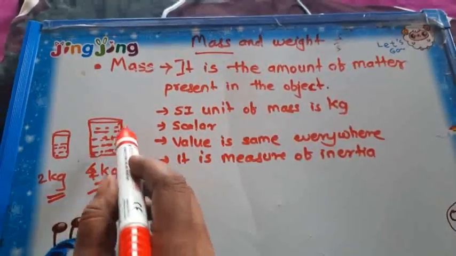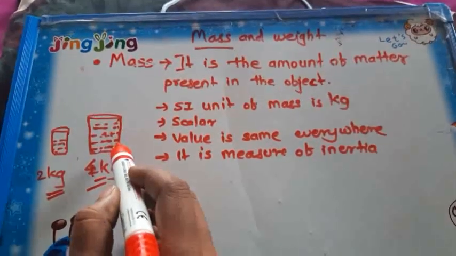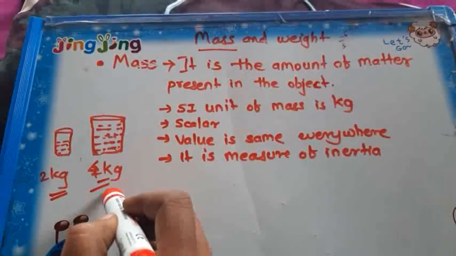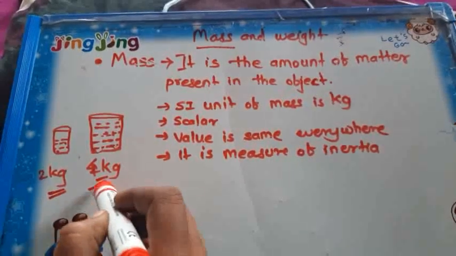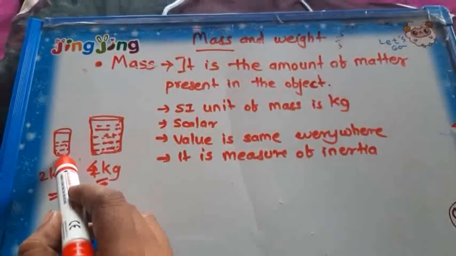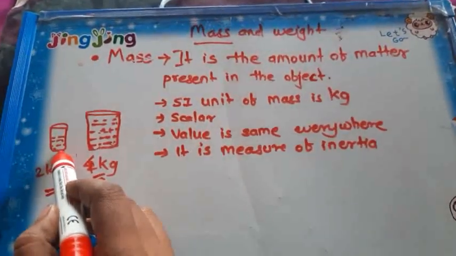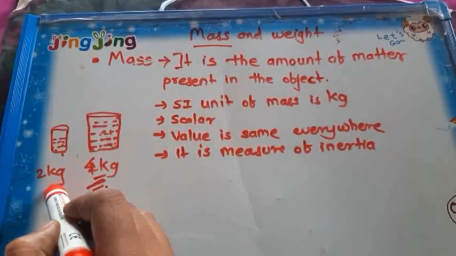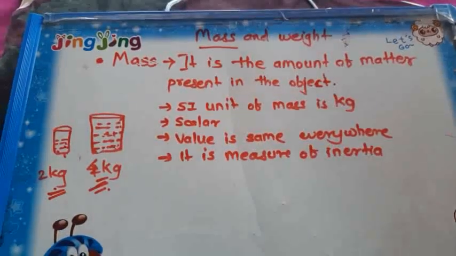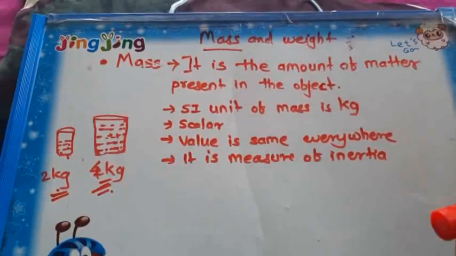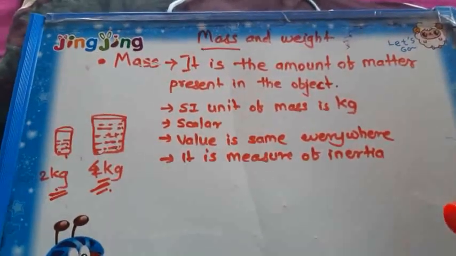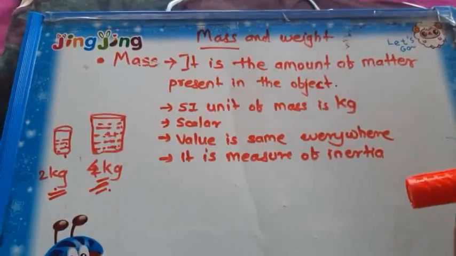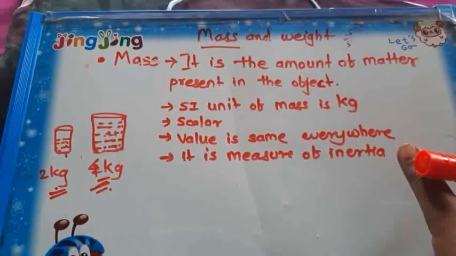Inside this cup, the amount of sugar present is nothing but its mass, and that is 4 kg. This cup is small in size, so it contains a small mass, and that mass of sugar is 2 kg. Means every object in the world, whatever matter is present inside it, what it amounts to in total is called its mass.